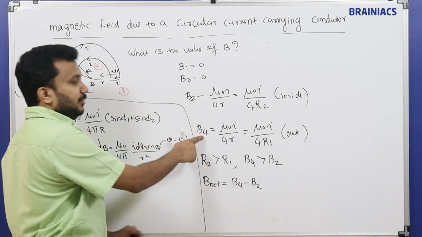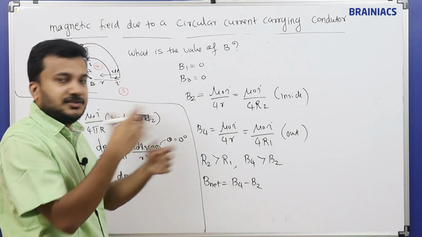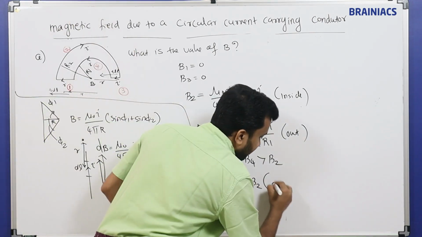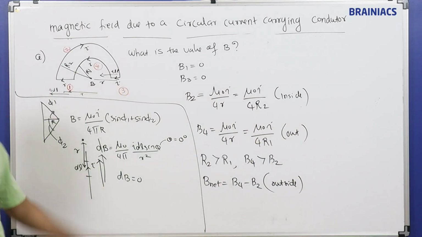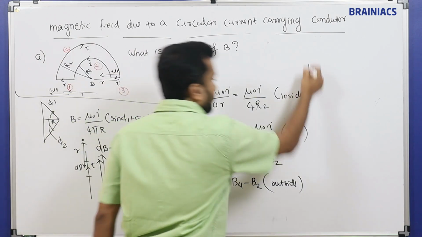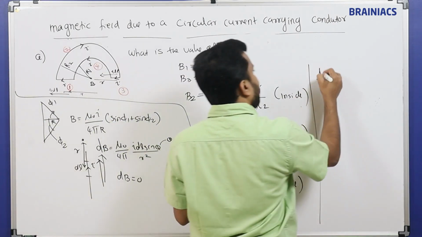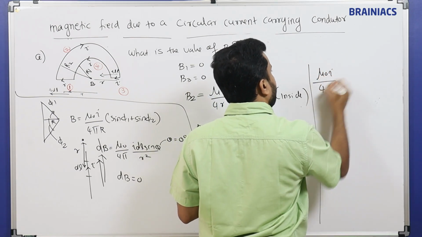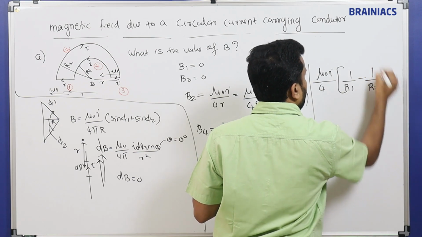What is the direction of B4? Outside. So higher is outside, lower is inside. So highest minus lowest. The total magnetic field direction is the direction of the highest one. Highest one means out. So we have to simplify this: B4 minus B2, so mu 0 I by 4 is constant, 1 by R1 minus 1 by R2.